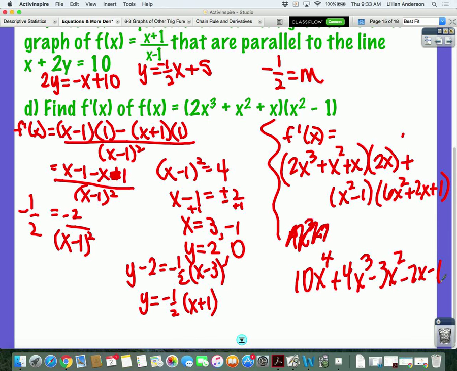So after you simplified and set it equal to your slope, you still had that x minus 1 squared. So you got your quadratic. And whenever you take the square root, it's always going to be plus or minus the other side. So that's where our 2 points are coming from.